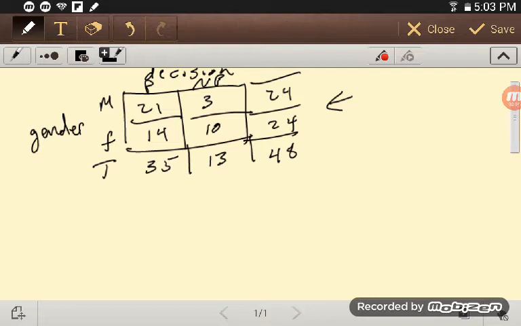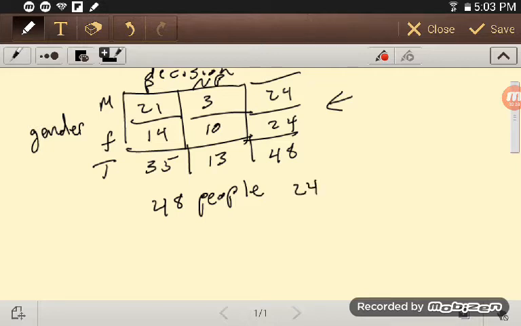We would, in this case, say, okay, we have our 48 people. So we have those coins.